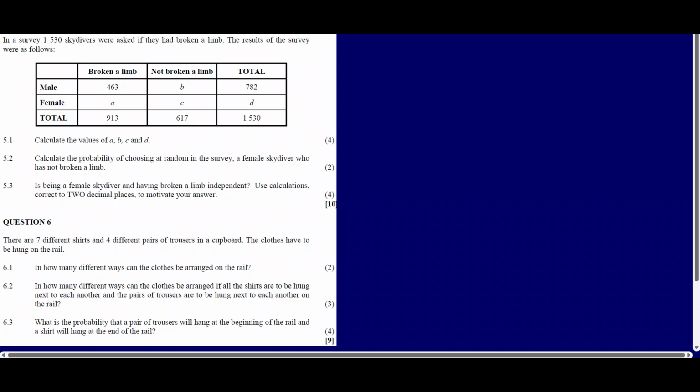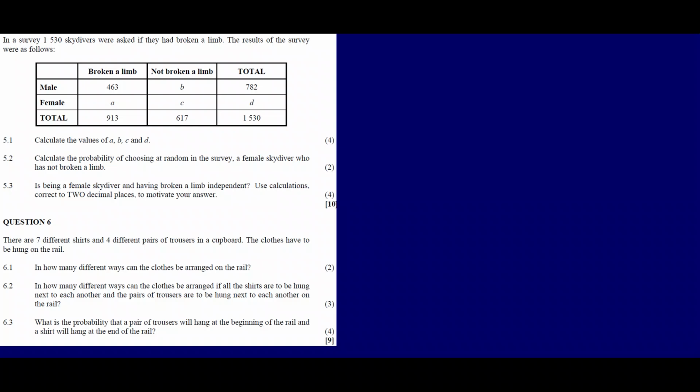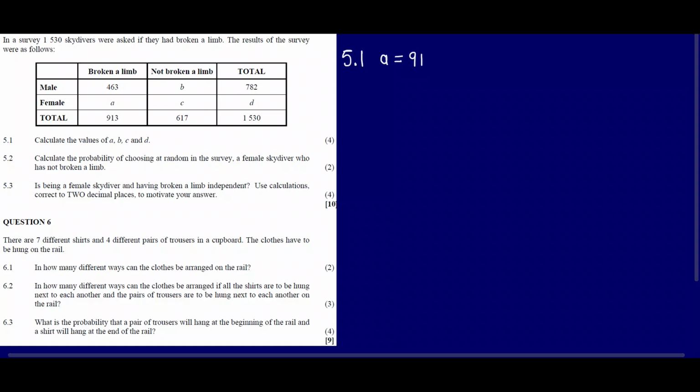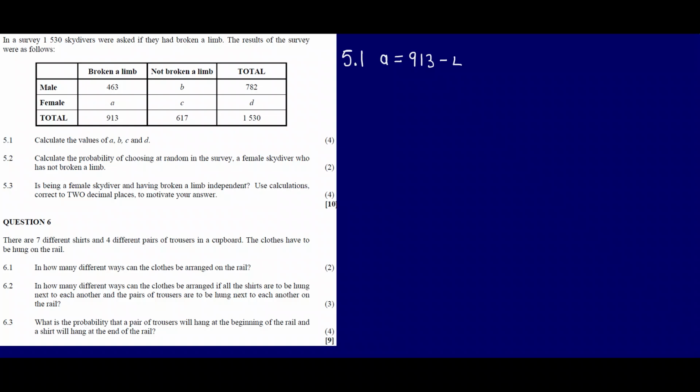So let's get straight into the first question here. 5.1, calculate the values of A, B, C, and D. To work out the A value, we can simply say A is equal to the total of those that have broken a limb minus the males.